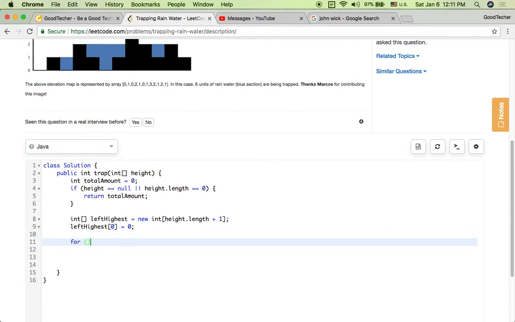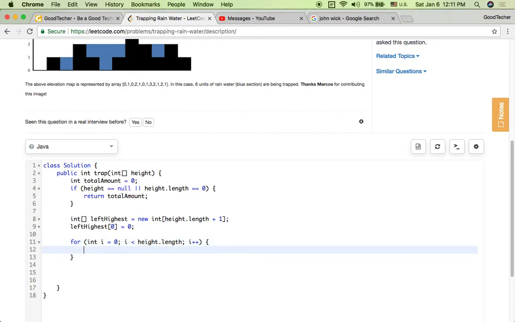And we are going to for int i from 0 to height.length, i plus plus. So we start from the first bar. We are going to calculate each bar's position, what's the left highest value for each bar. Because we iterate the current position, we are going to calculate for the right side.